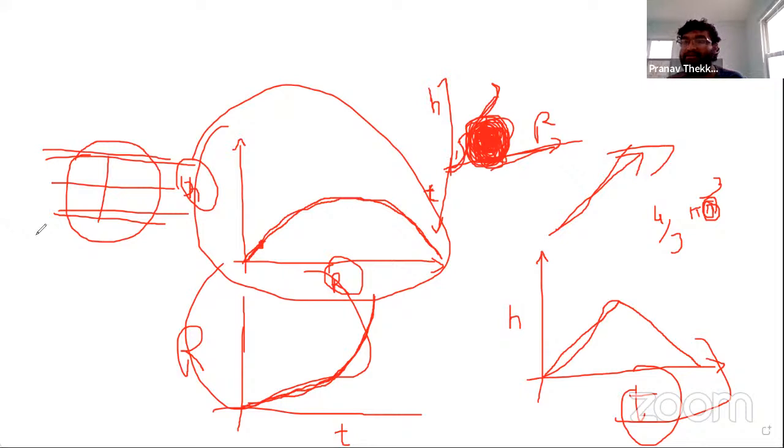I can add up all these areas. But in fact I don't have to do all of this. All I need is the radius of the ball to know its volume. Because it's a sphere and its shape is in that form, I don't have to know all three things in order to know the volume. I just need this one single thing, the radius.